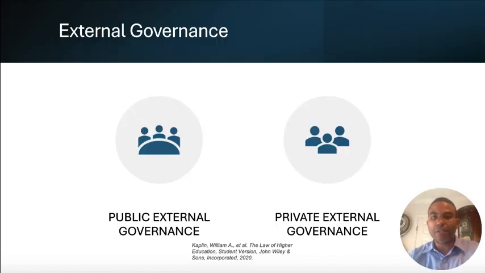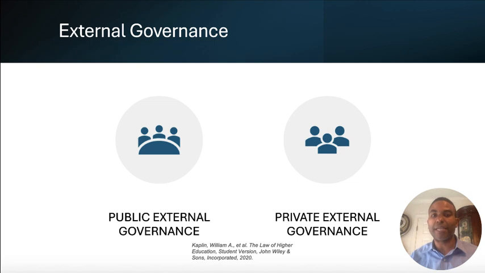All right, so let's talk a little bit about external governance, and that'd be, in a sense, governance that comes from outside the college or university. There's public external governance and private external governance. With public external governance, we're typically looking at government entities that are asserting some level of control.